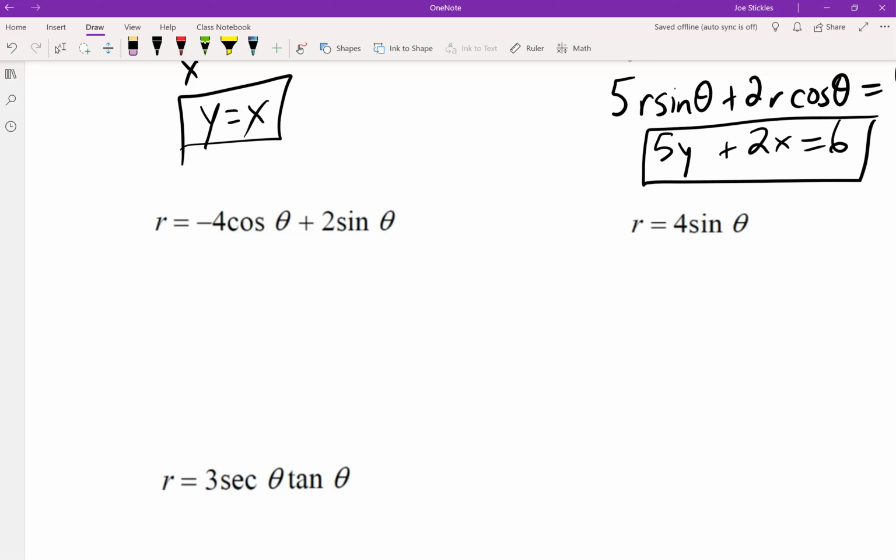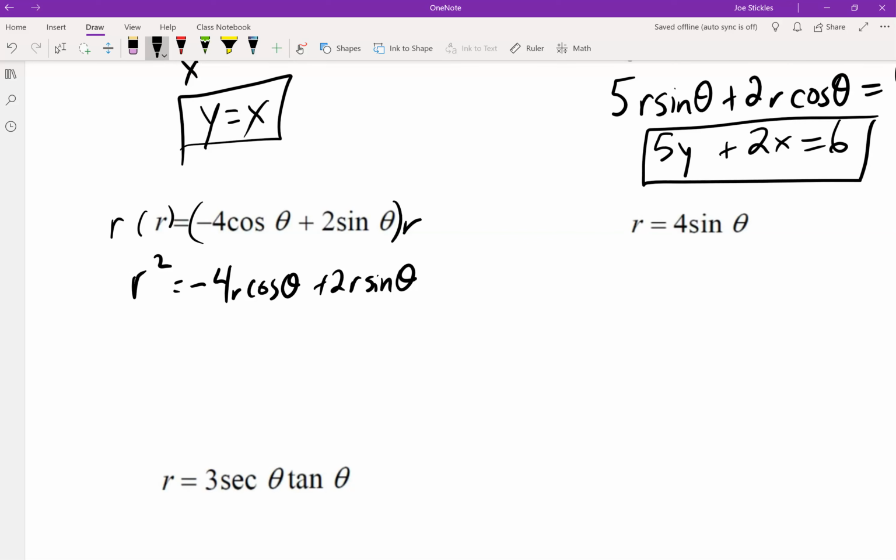But another way to get r squared is simply just to multiply both sides by r, right? R squared is r times r. So another way to get r squared is just to take r times r, multiply both sides by r. Get r squared on this side. Over here we'll get minus 4r cosine theta plus 2r sine theta.